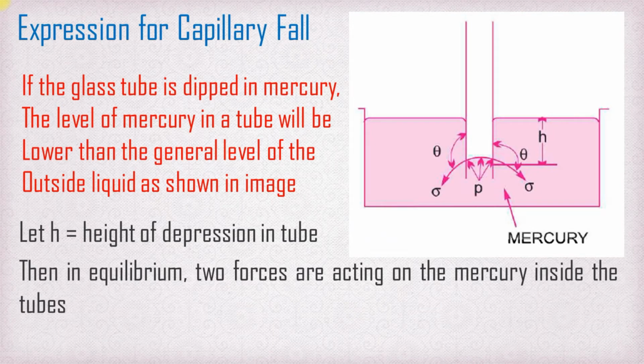Here you can see that we are considering the same forces as previously. The first one is the surface tension force, and the second force is due to hydrostatic force. For the equilibrium condition, two forces act on the mercury inside the tube. The first is due to surface tension acting in the downward direction, and it is equal to sigma into pi d into cos theta.